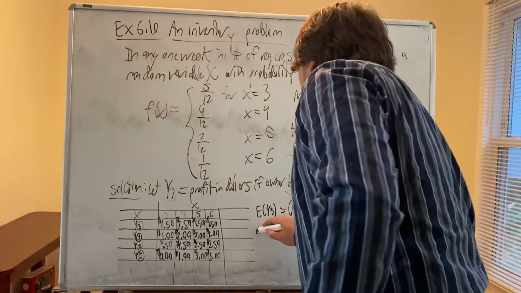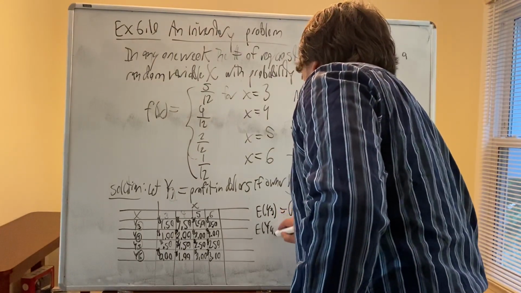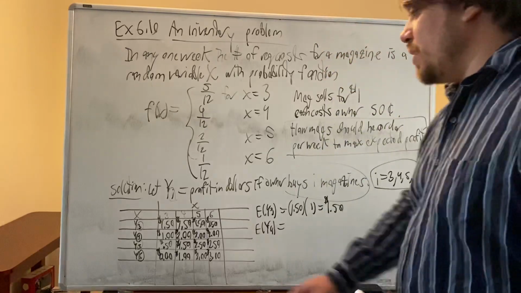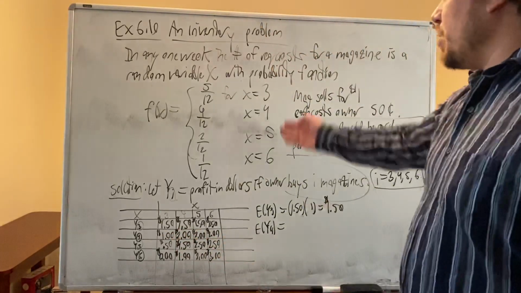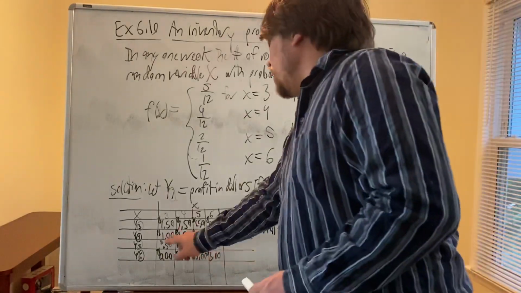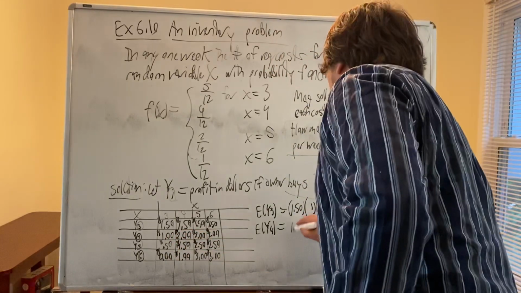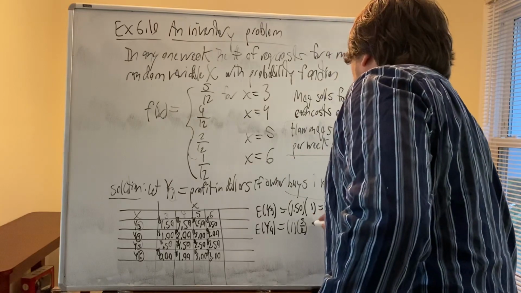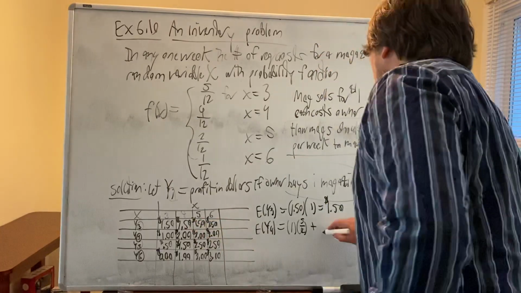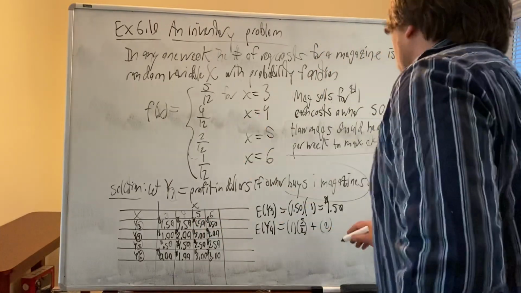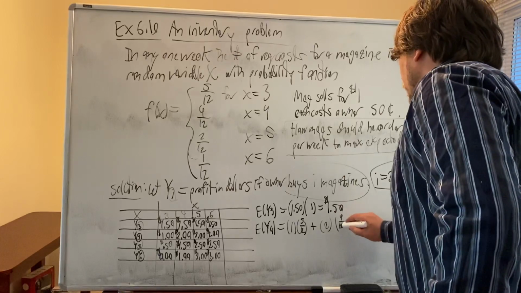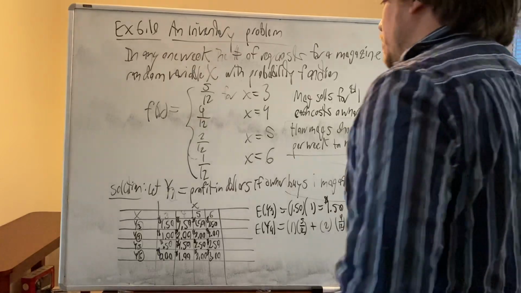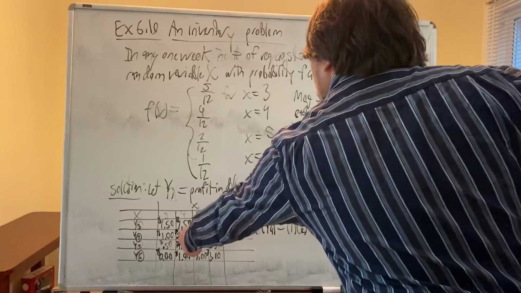The expected value of y sub 4 is equal to, if you take each of these values and multiply it by their probabilities, y sub 4 could be $1, and the odds of that is 5/12. Plus, it could be $2, the odds of that is 4/12. Plus, another possibility is $2.